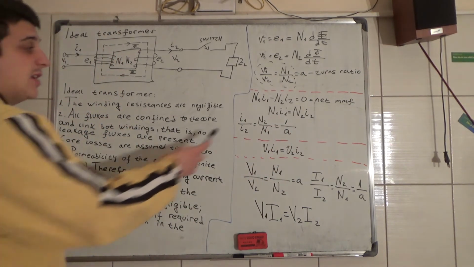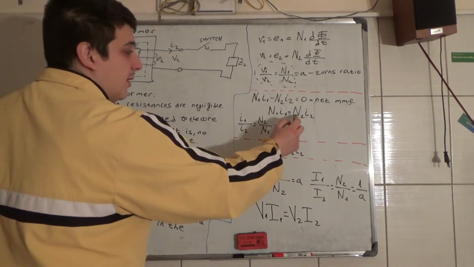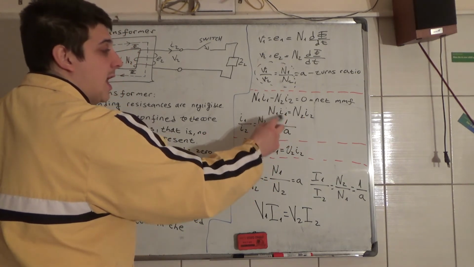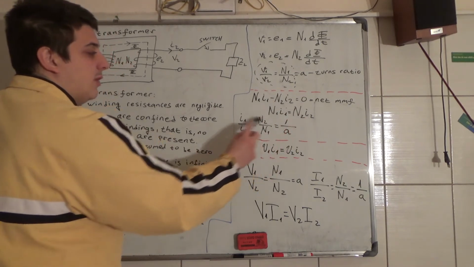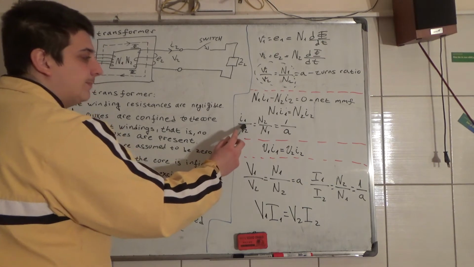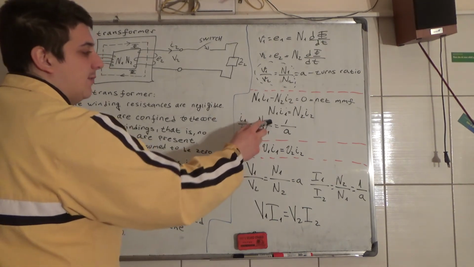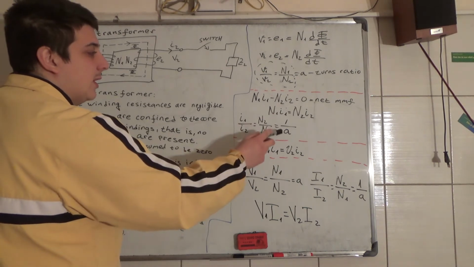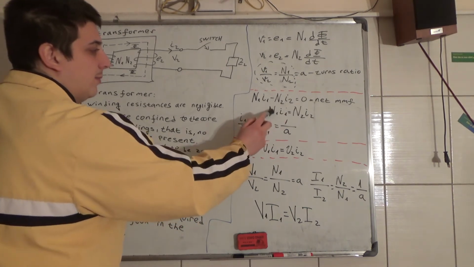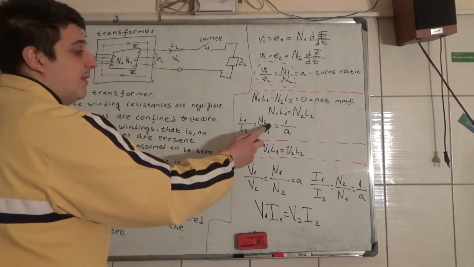And the relationship I1 divided by I2, if you transfer I2 to this side, is not equal to N1 divided by N2. It is equal to N2 divided by N1, when we transfer N1 to the other side.